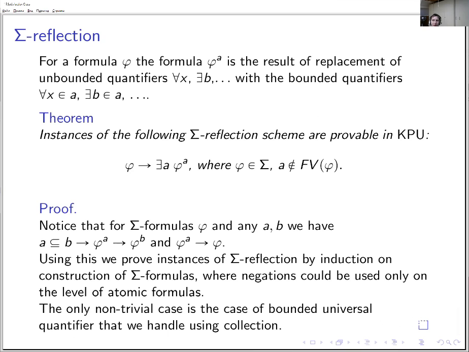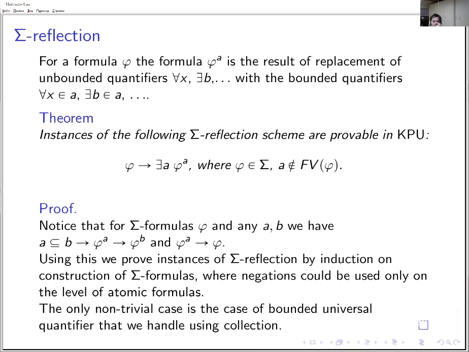For people who are familiar with the reflection principle in usual Zermelo-Fraenkel theory, it's a very simple proof. I think it's probably even easier, because we don't even need to deal with universal unbounded quantifiers and nested quantification.